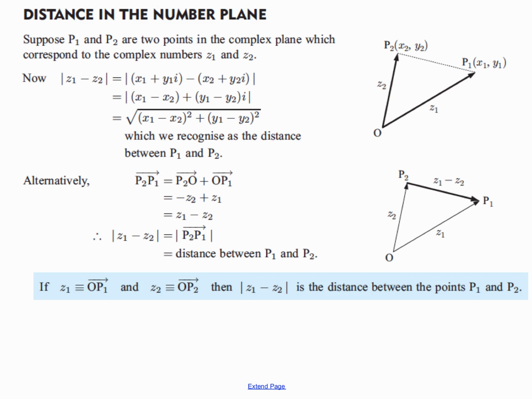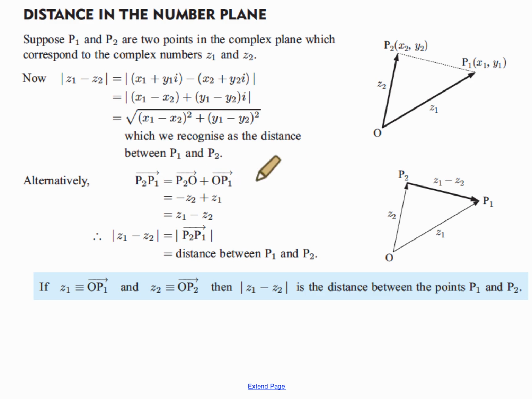Moving along, distance in the number plane. Same ideas here. If P1 and P2 are two points in the complex plane, which correspond to the complex numbers z1 and z2, we know that this is the magnitude, which simplifies to this, which simplifies to this, and it is the distance between P1 and P2.